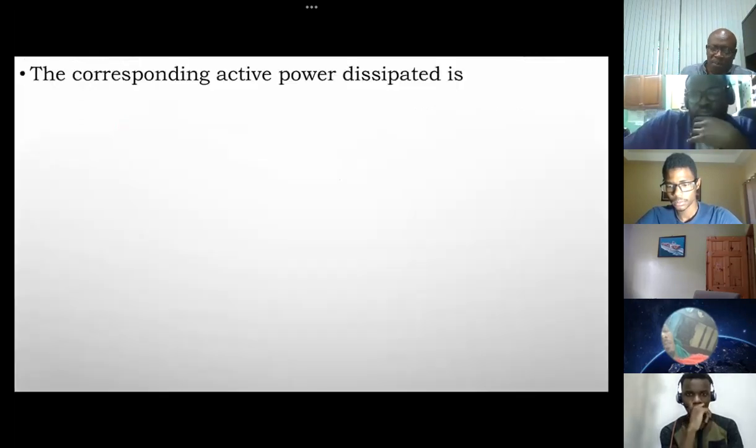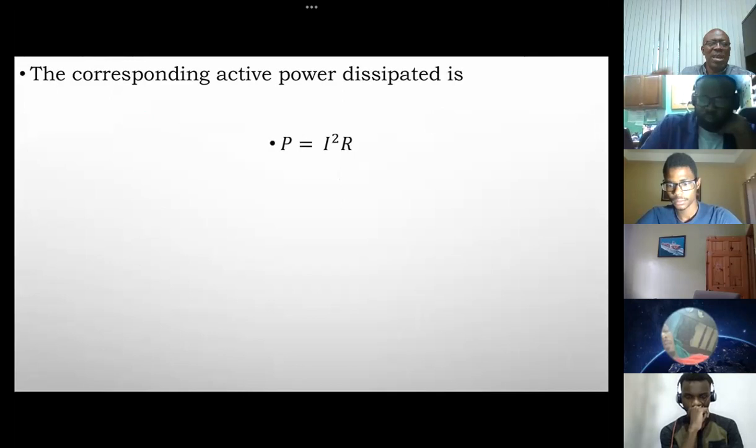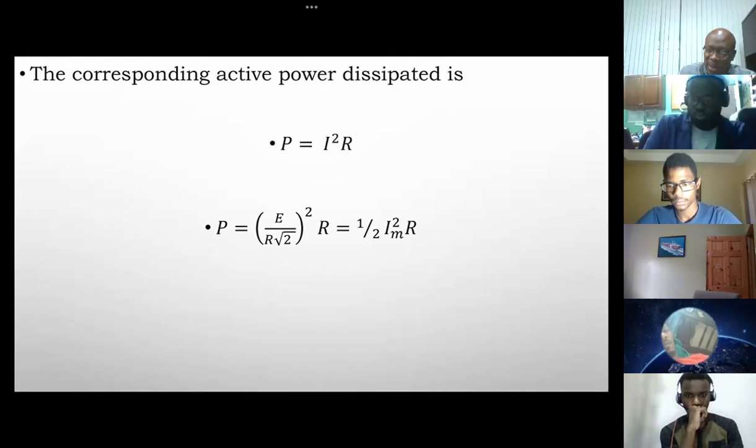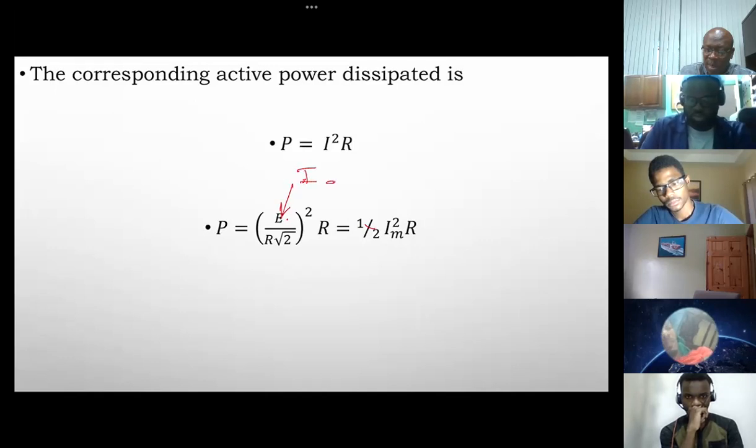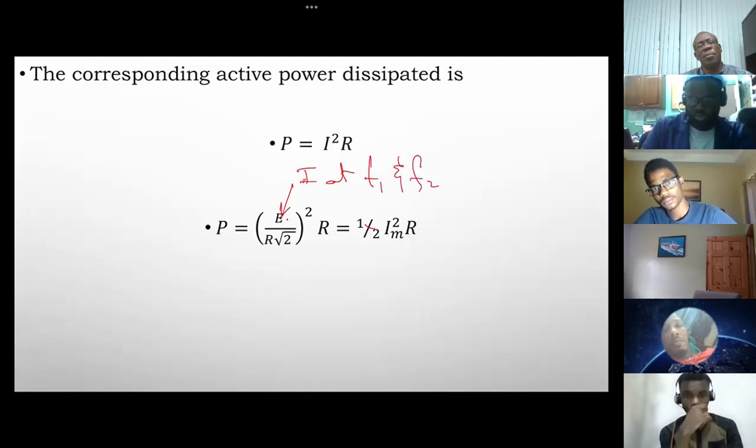So the active power is going to be equal to I squared R. But I is equal to 1 over root 2 times I max, all squared. So this is the current at F1 and F2. And if we square 1 over root 2, we get a half.